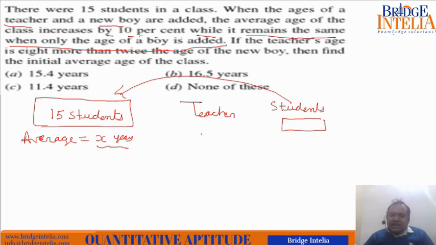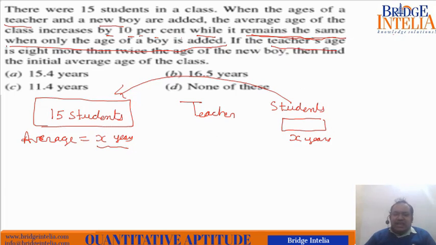That's why even if he joins the group, there is no change in average. So you can easily assume that his age is exactly equal to x years. It is a clear indication that the age of the boy is exactly equal to the average. What else do we know?